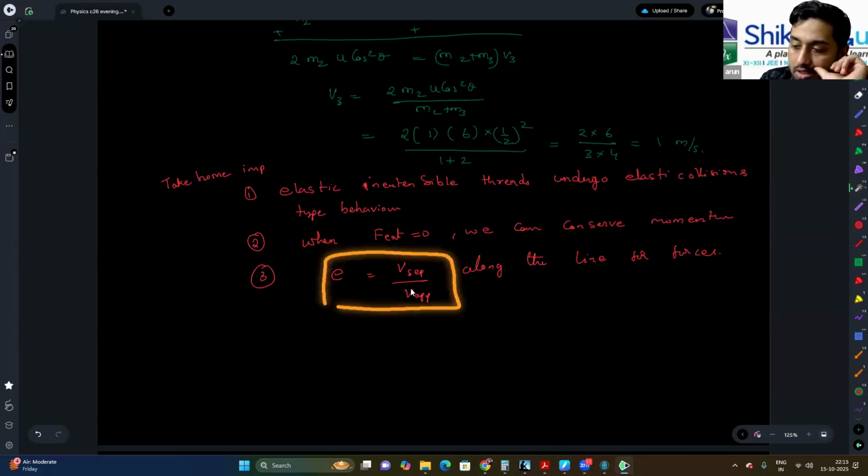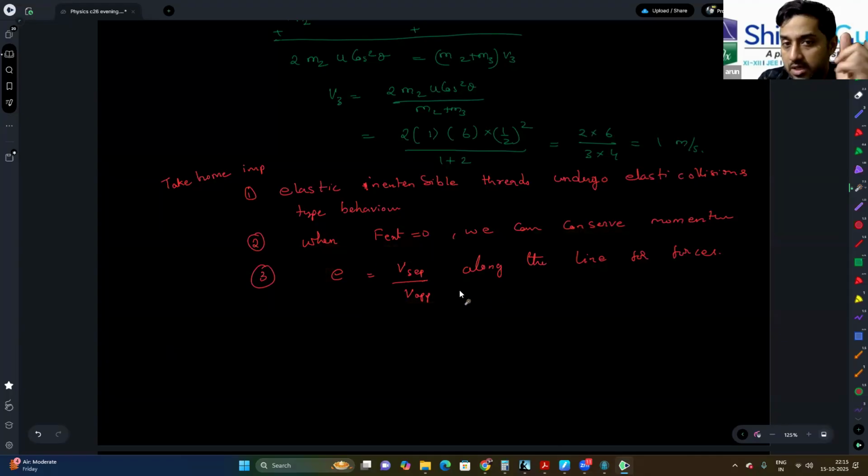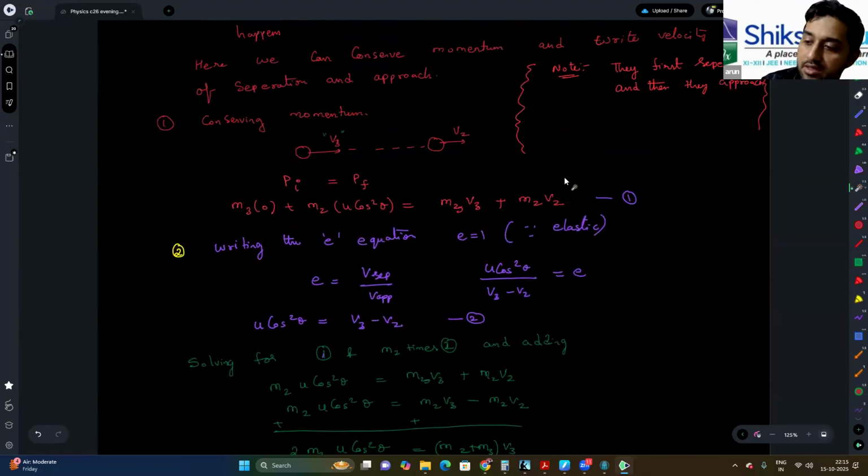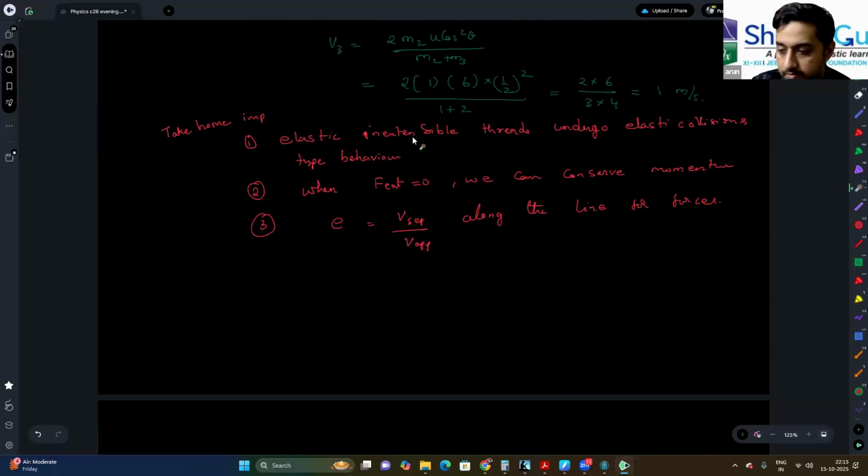Also, this equation has to be written along the line along which the forces act. Here, since they are threads, the forces act along the thread, so we have written all the equations along the thread.